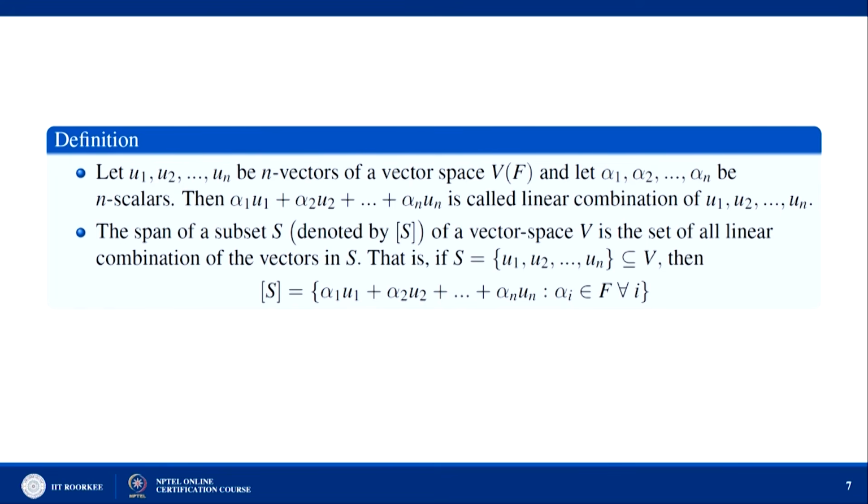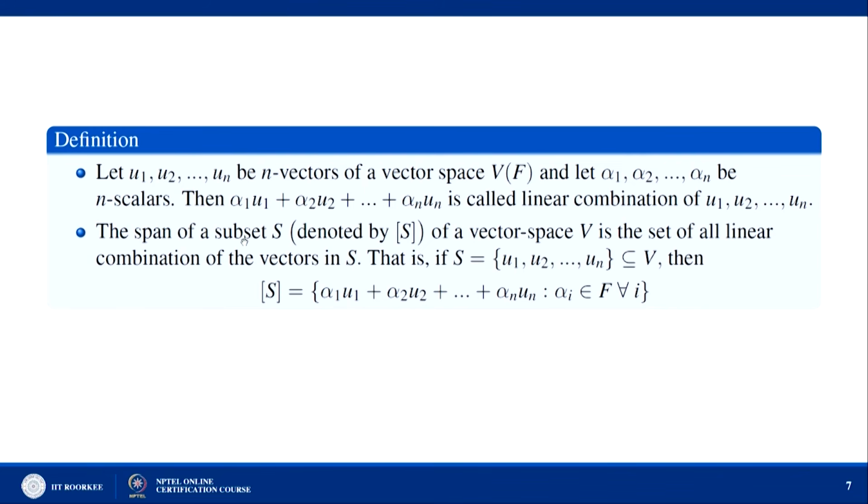This will be a new vector, and it definitely belongs to V, because V is a vector space. By the closure property of scalar multiplication and vector addition, this element will be in V itself, and it is called a linear combination of u1, u2 up to un.